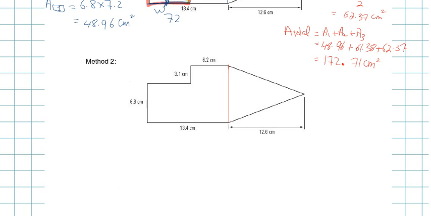Instead of drawing a vertical line here, can I just draw a horizontal line here? I have 3 shapes as well: shape 1, shape 2, and shape 3. I want you to try this out, find the area for it, and tell me if you got the same answer as the one I got earlier.